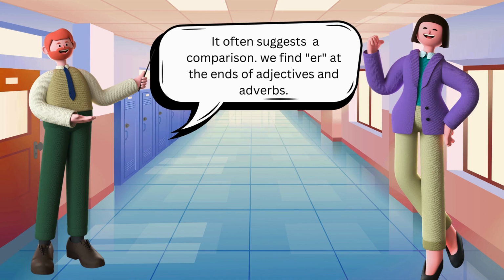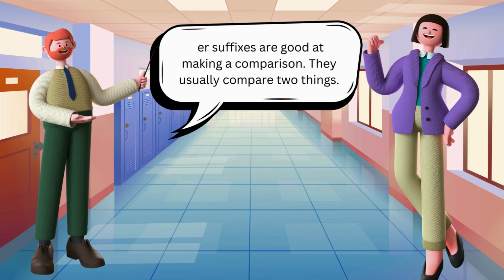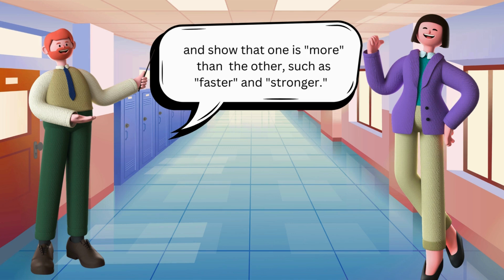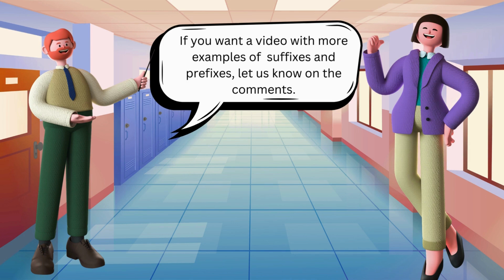We find it at the ends of adjectives and adverbs. Suffixes are good at making a comparison. They usually compare two things and show that one is more than the other, such as faster and stronger. If you want a video with more examples of suffixes and prefixes, let us know in the comments.